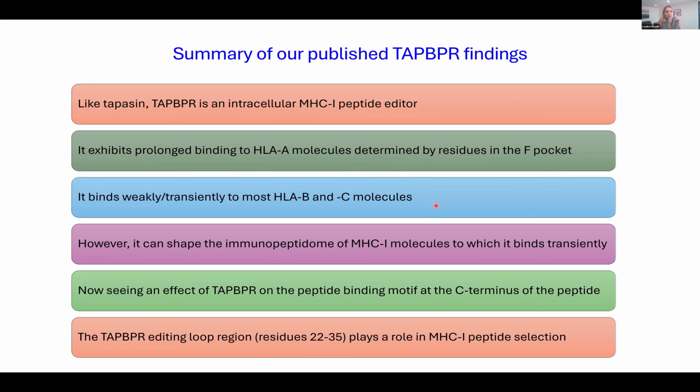However, despite this, it is able to shape the immunopeptidome of the MHC molecules that it binds weakly or transiently to. And we're now seeing an effect of TAPBPR on the peptide binding motif of MHC class 1, in particular on the C-terminus of the peptide. And this TAPBPR editing loop region seems to be playing an important role in peptide selection on MHC class 1.